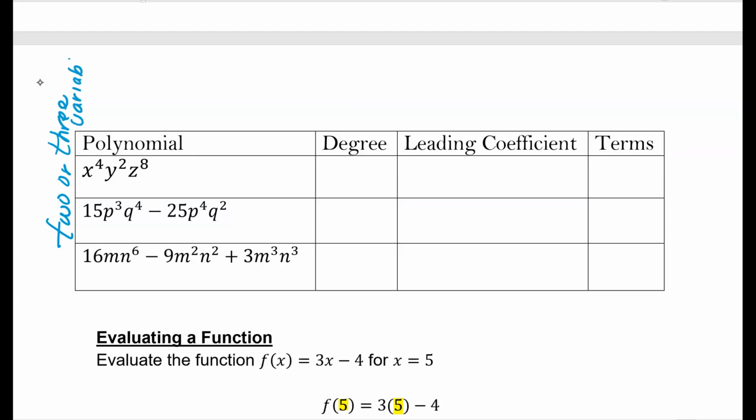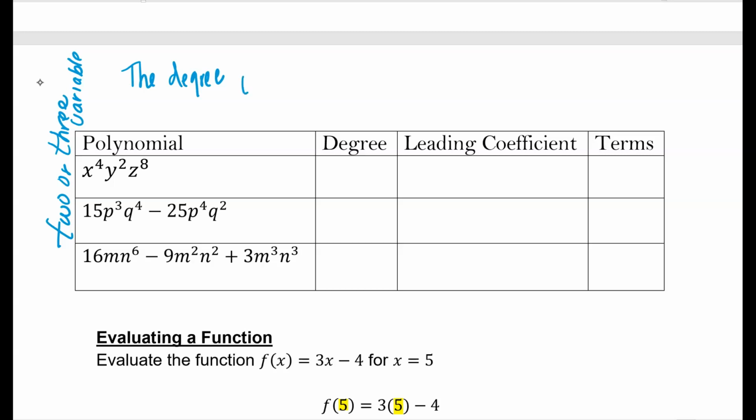So the rules change a little bit for the degree. So when you have a polynomial that has more than one variable, then the degree, and this is a monomial, by the way, because notice there are no plus or minus signs in between. So this is acting as one unit.